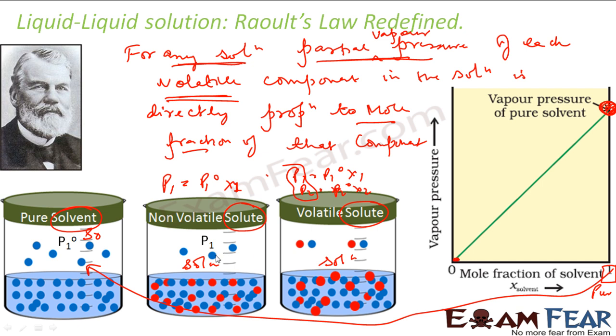For a non-volatile solute, P2 naught is actually 0, so P2 equal to P2 naught into X2 will come out to be 0, because in the pure state it is not volatile.